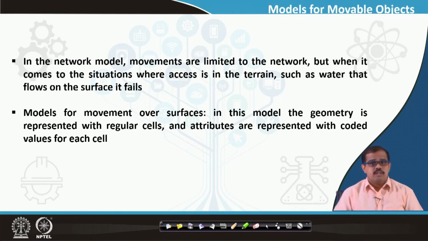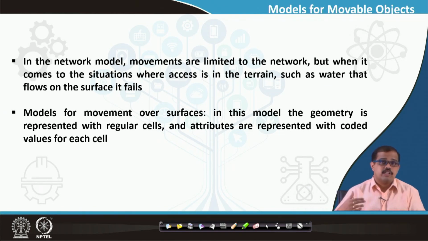But in a network model, movements are limited to the network. When it comes to a situation of movement across the terrain, such as water that flows on the surface, you cannot really capture it in a network model. So, that fails. If you really want to look at how the surface water is moving, then you should have a geometry represented as regular cells.